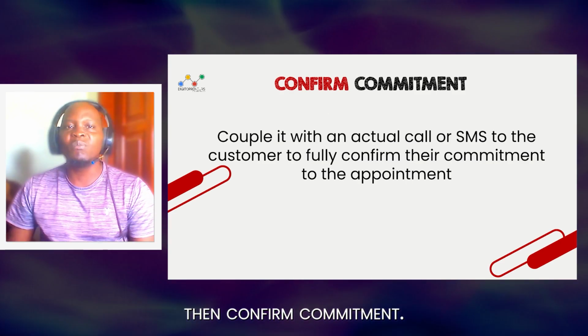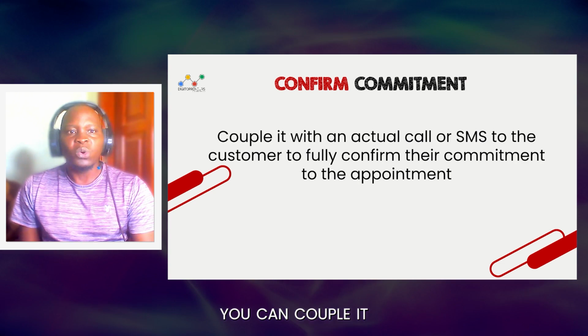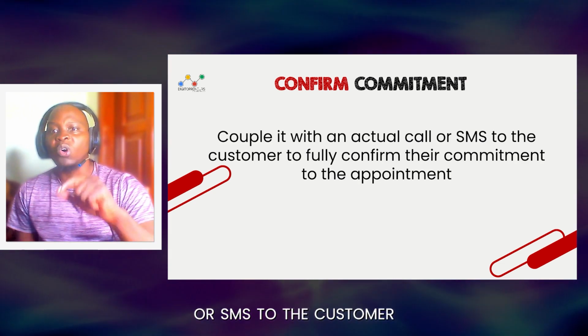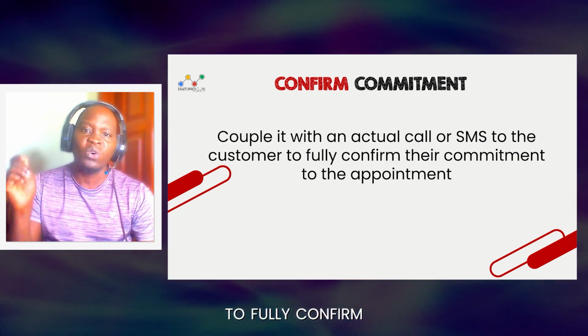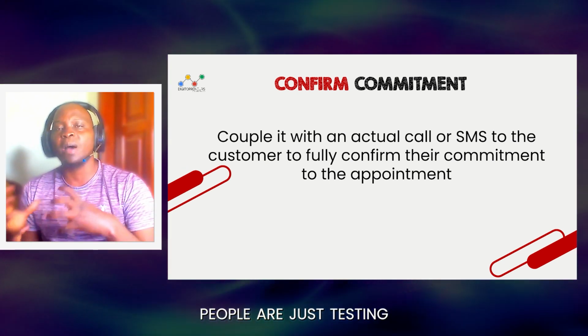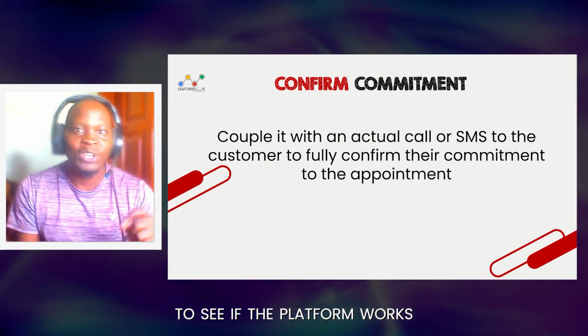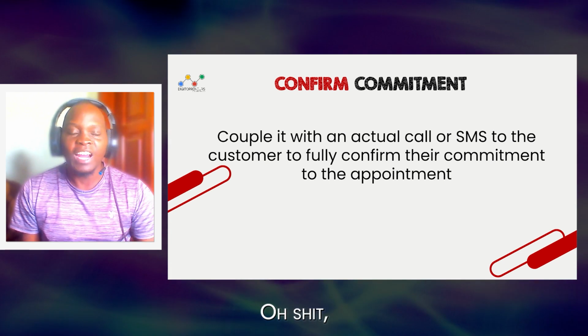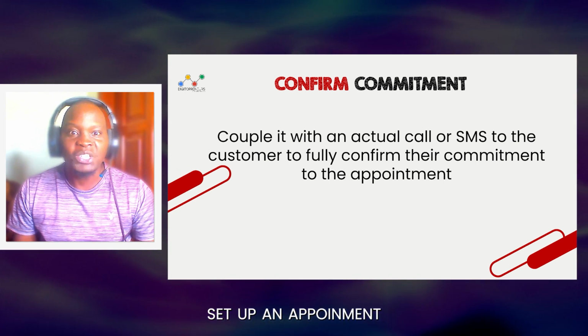Then confirm commitment. You can couple it with an actual call or SMS to the customer to fully confirm their commitment to the appointment. There are cases where people are just testing to see if the platform works, and then they realize they actually set up an appointment.